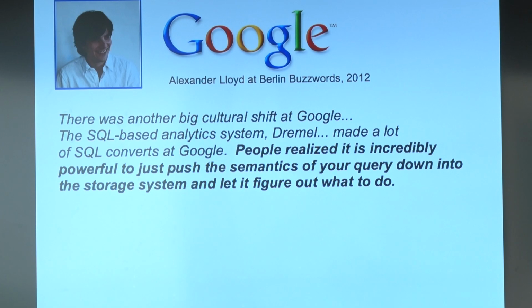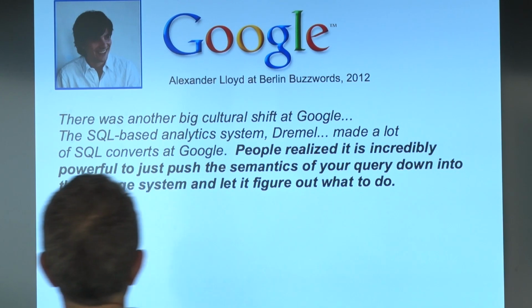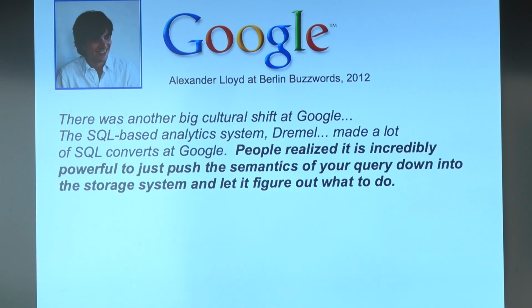So here's Andrew Lloyd at Berlin Buzzwords talking about Google. He was giving a talk on Spanner, which is Google's global scale SQL database engine, which is internal and proprietary. Nobody's ever seen it if you're not a Google employee. And this one talk, or a couple of talks, and one paper is all we know about it.